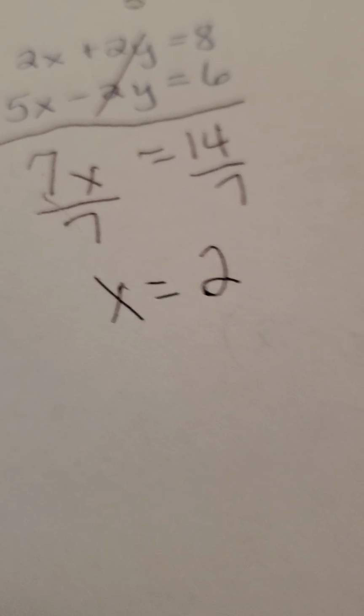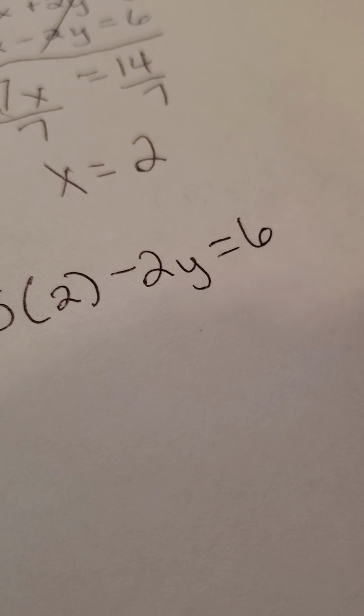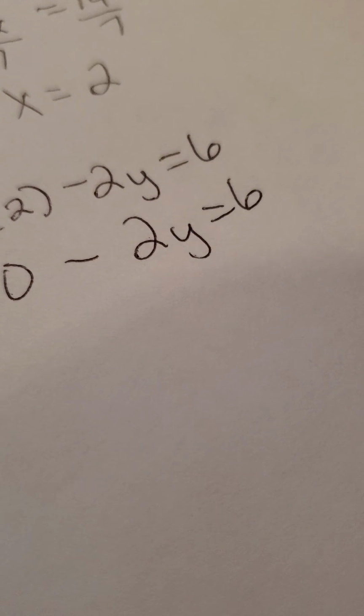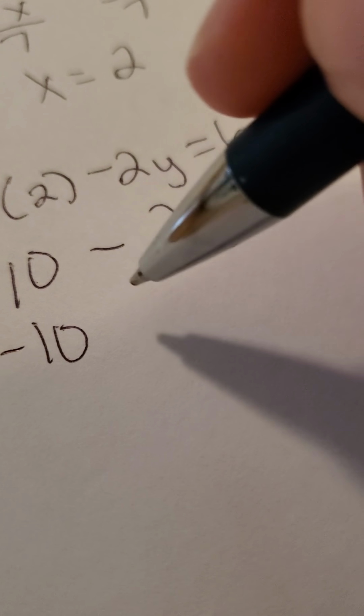So I'm going to do the bottom one and say 5 times 2, because I know x is 2, minus 2y equals 6. So 5 times 2 is 10. So 10 minus 2y equals 6. Means I got two steps now. I'm going to do minus 10 from both sides.